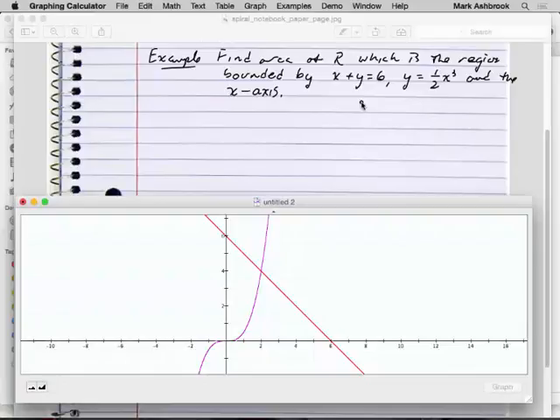Find the area of R, which is the region bounded by x plus y equals 6, y equals 1/2 x cubed, and the x-axis. All right, so first of all, do we recognize what region we're talking about? It's going to be the region that's formed by our two functions and the x-axis. So we should easily see that that's this down here.